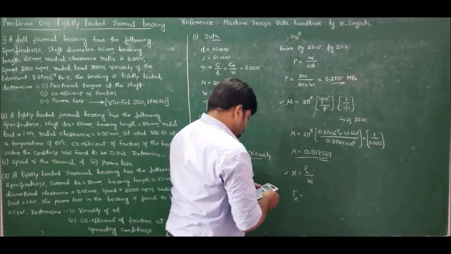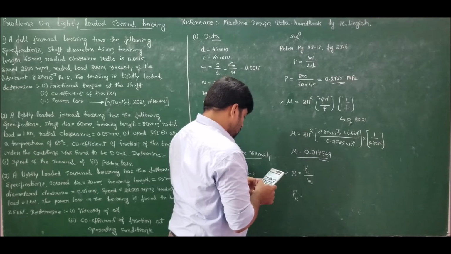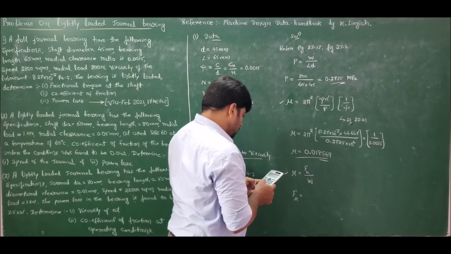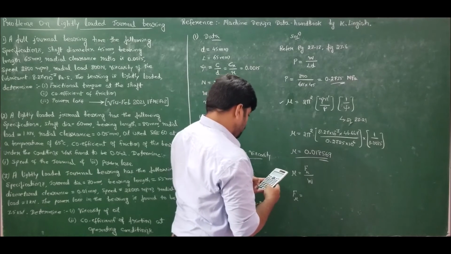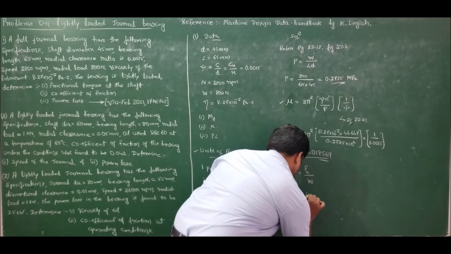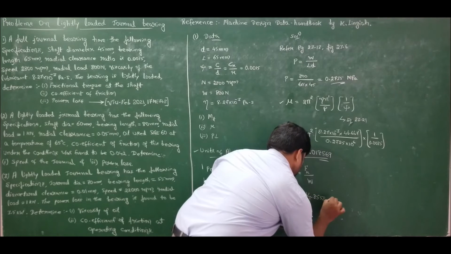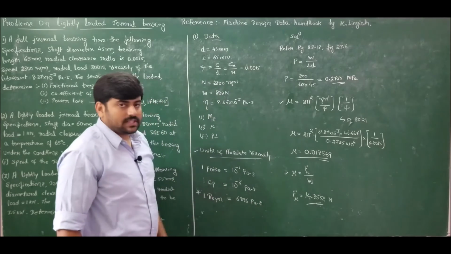So it is mu times W, that is 0.018569 times 800. Therefore, frictional force is 14.8552 newtons. I got the frictional force.